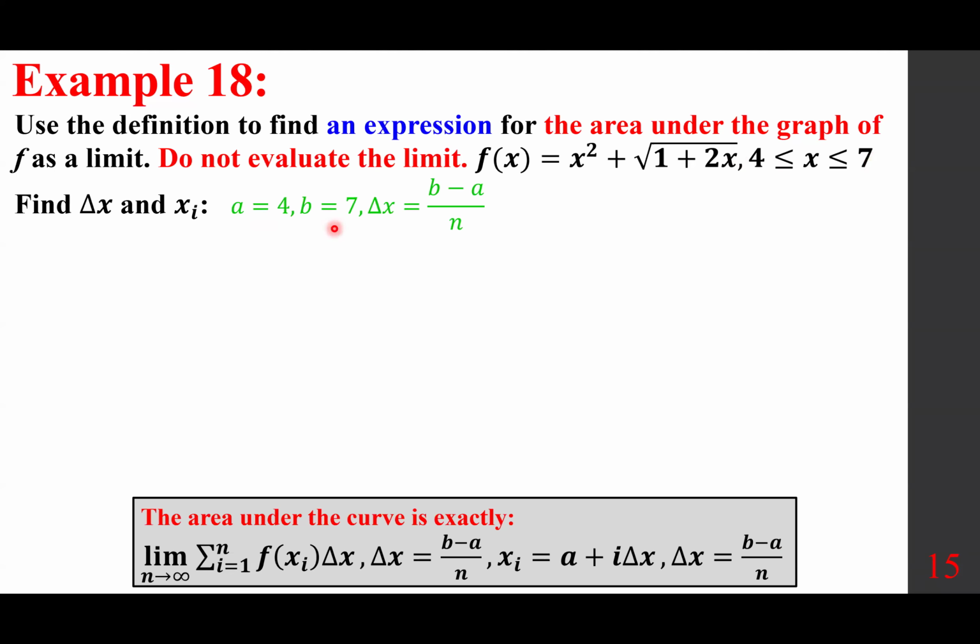So a is 4, b is 7, delta x is b minus a over n, which means 7 minus 4, 3 over n. In general, x sub i has the formula a plus i delta x, which is 4 plus i times delta x, which is 3 over n, so 3i over n.